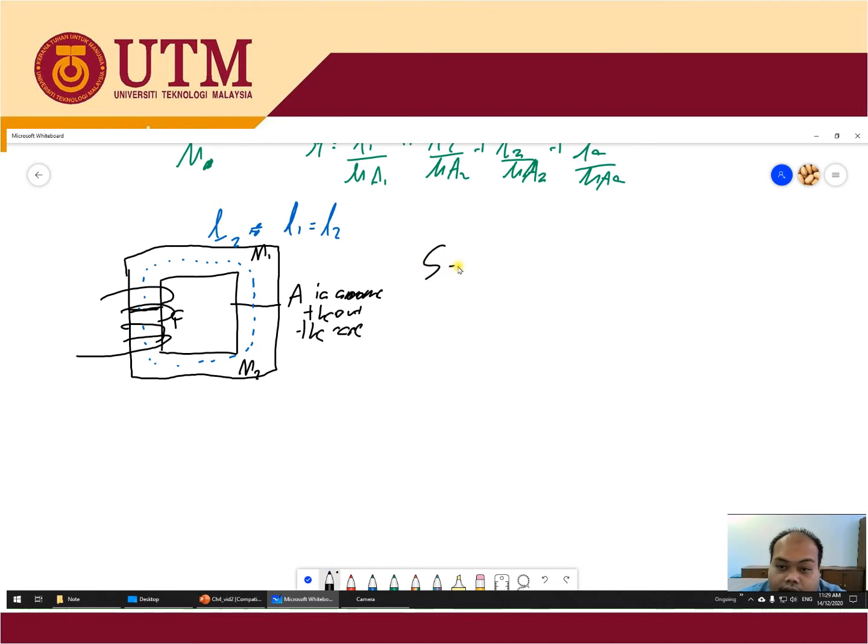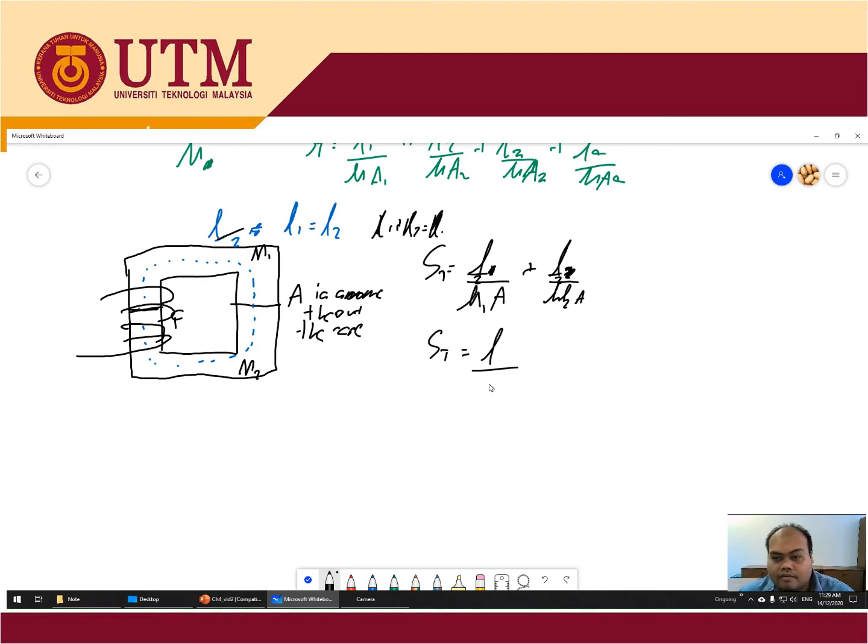To calculate the S, of course, S total is equal to L1 divided by mu 1 A plus L2 divided by mu 2 A. Don't forget to divide by 2, because L1 plus L2 is equal to L. So that's why you have to divide by 2. So again, ST equals L divided by 2.